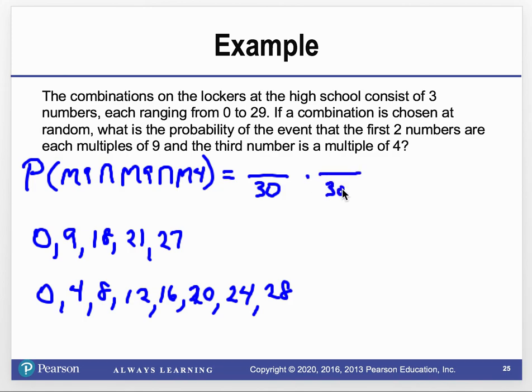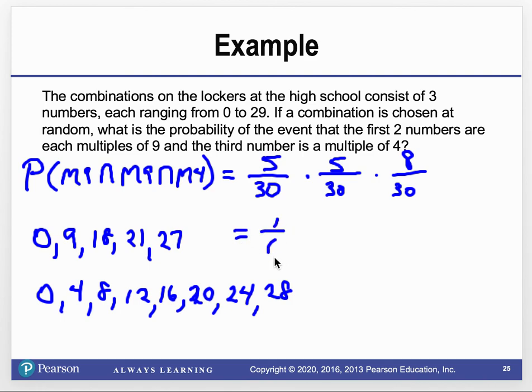Okay, so out of 30, because they're all independent, my denominator is going to be 30 on each one. So 1, 2, 3, 4, 5 out of 30 chance that my first number is going to be a multiple of 9. And because they could both be the same number, there's still a 5 out of 30 chance that the second one's a multiple of 9. And then 1, 2, 3, 4, 5, 6, 7, 8 out of 30 chance that it's a multiple of 4.